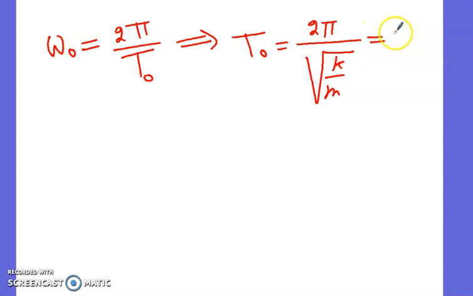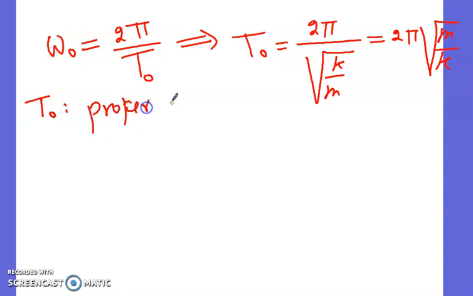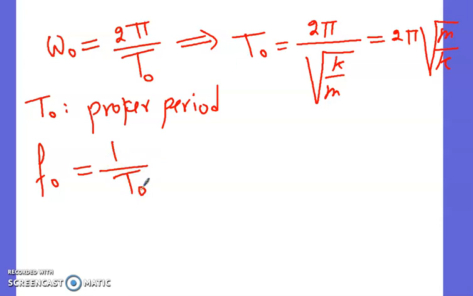And this will imply equal to 2 pi root m over k. So you have to keep in mind this rule. T0 is called the proper period or natural period. You know, in periodic motion, the proper period is the period for one oscillation or one cycle. Remember? Now the proper frequency, as you know, f0 is equal to 1 over T0, right?